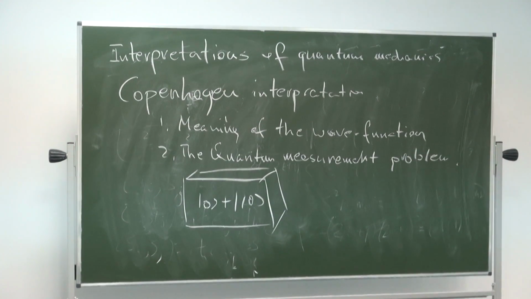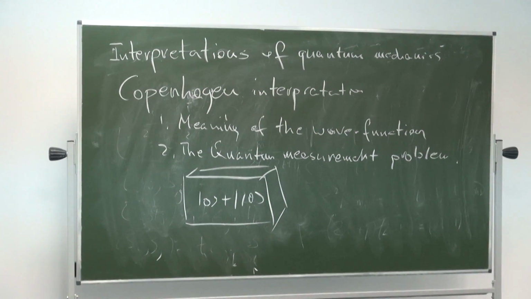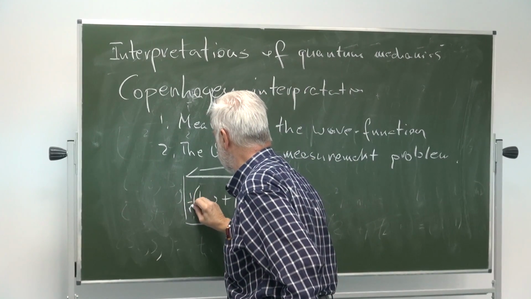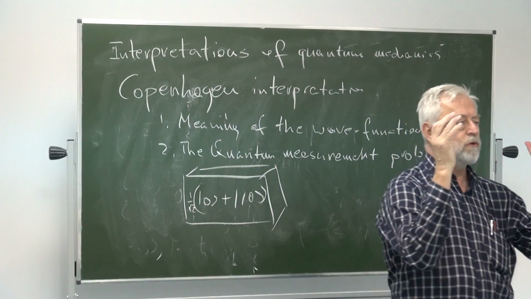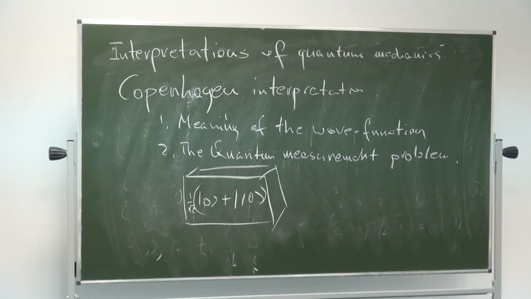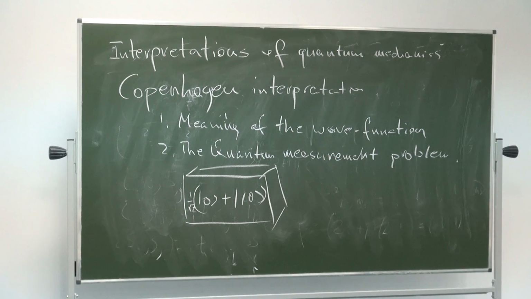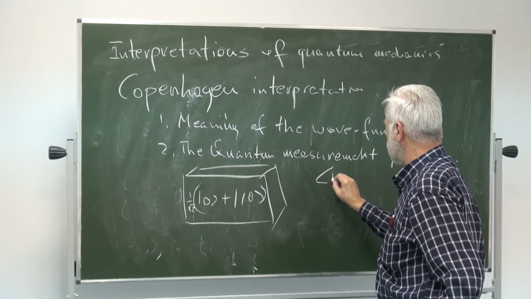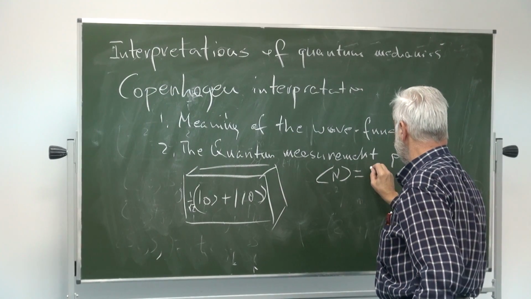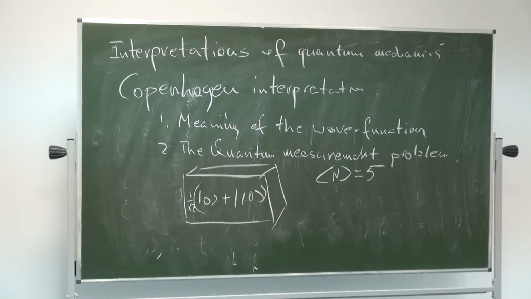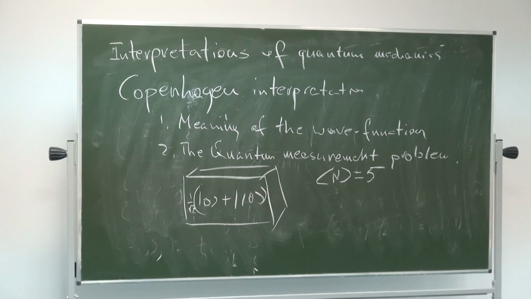It is properly 1 over square root 2. Yes. It will be 1/2 probability that it is 0, plus 1/2 probability that it is 10. So the mean value will be 5. So the mean photon number is equal to 5. I think you agree. It's either 0 or 10, so the mean value is 5.